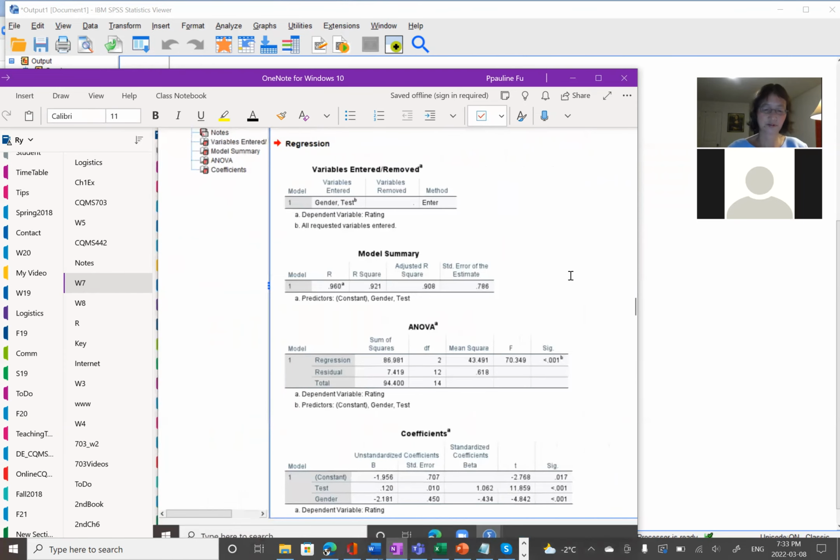So this is the output. To write down the equation, you just use these 3 numbers here.